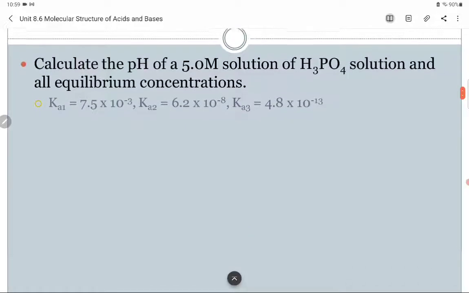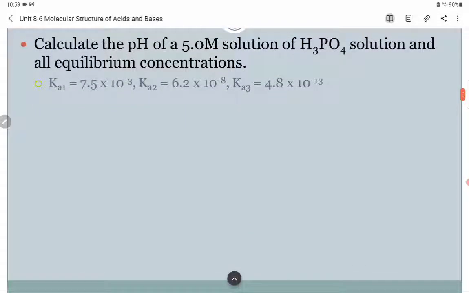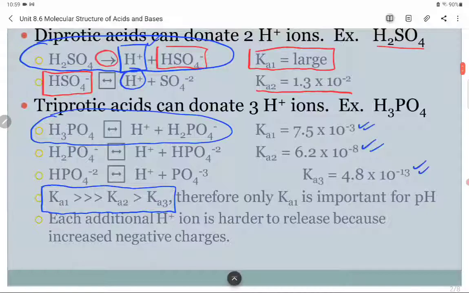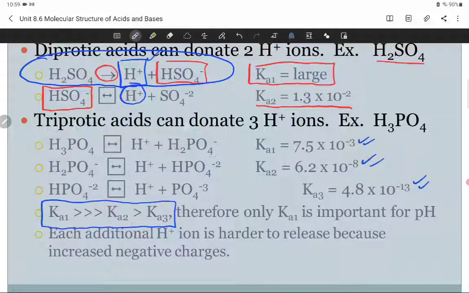Okay, so we're presented with some phosphoric acid, 5 molar, fairly concentrated, and we're going to try to figure out what the equilibrium concentrations of everything are. So what is everything? Let's erase some things here. So how much phosphoric acid? How much H positive?